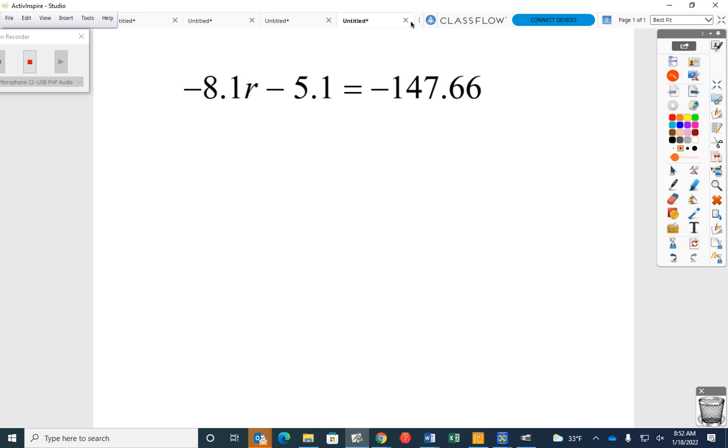That looks like a decimal. Oh, plus negative 5. Because you have to cross it out.